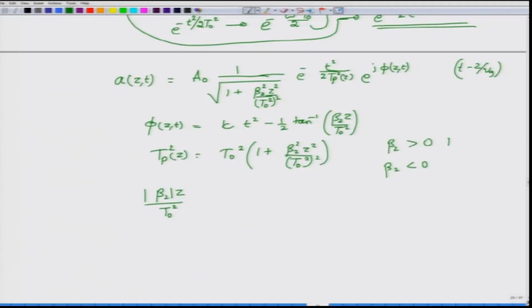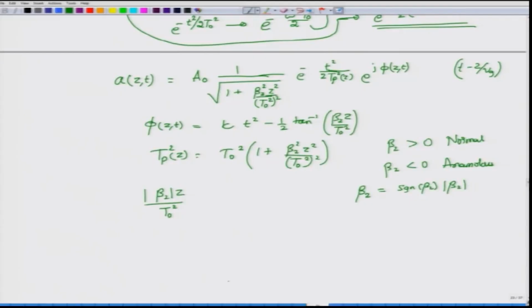So, when beta 2 is greater than 0, we call this normal dispersion. When beta 2 is less than 0, we call this anomalous dispersion. Okay. Anomalous is simply the opposite of normal. The reason why we call this will come out shortly, so do not worry about that. But because the sign of beta 2 can be positive or negative, it is common in the fiber optic community to write this as sign of beta 2 multiplied by magnitude of beta 2.